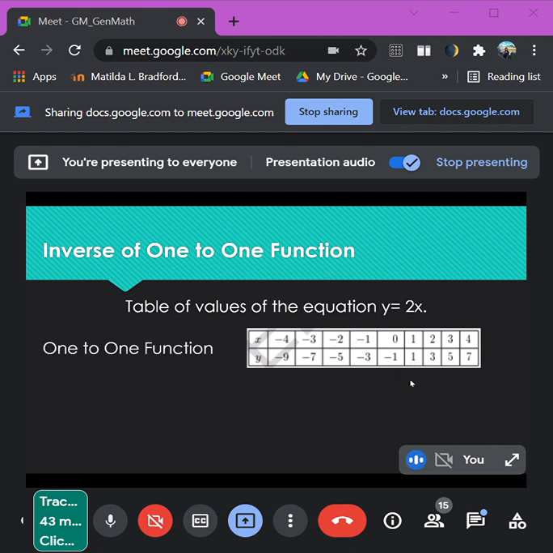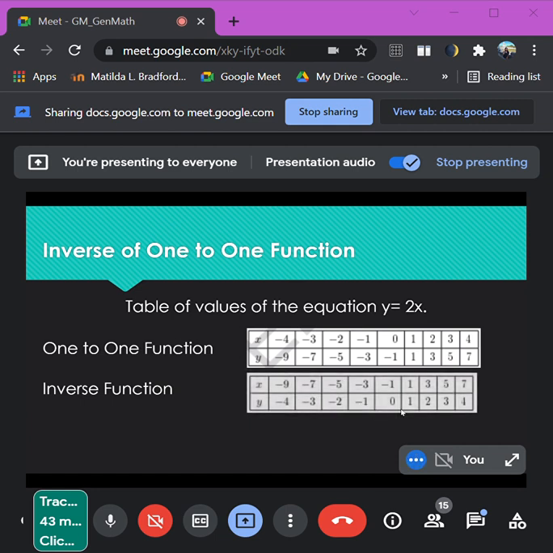Okay, now this is a one-to-one function. 'Di ba wala may nagbalik-balik sa iyahang mga result dira. Right? So walay nagbalik-balik. So you have there, kung kuhaon na to yung inverse, i-interchange ra gyud na to yung x ug y. Okay, so what will happen?